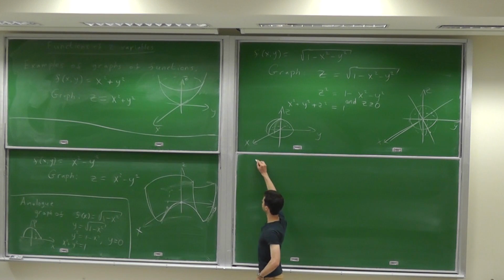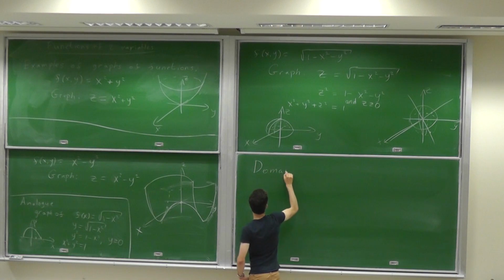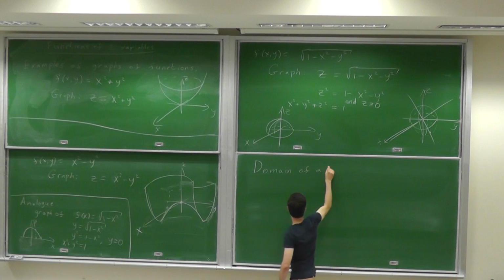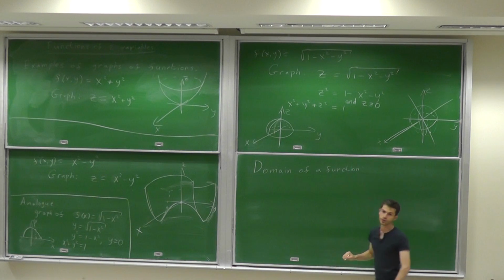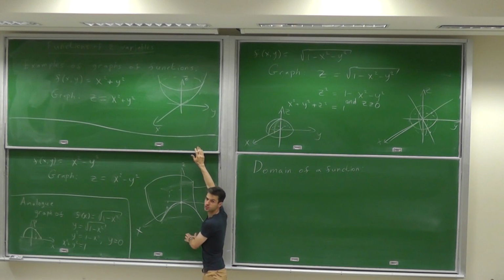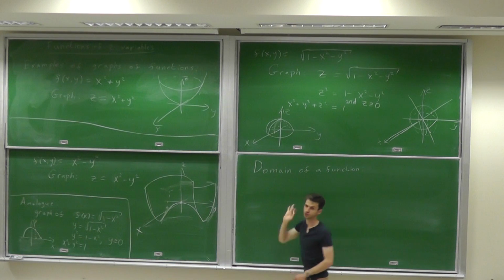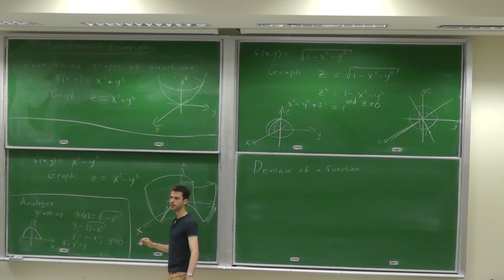Okay, so let me talk about the domain of the function. You see, these two functions are quite different from that function in the following sense. You can take any two numbers x and y and plug into these two functions.